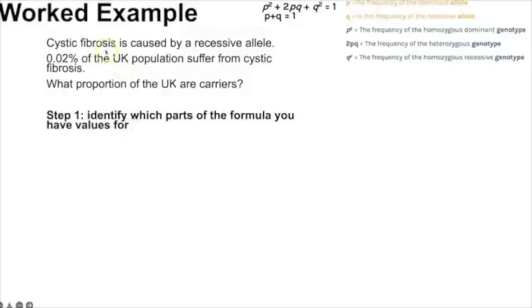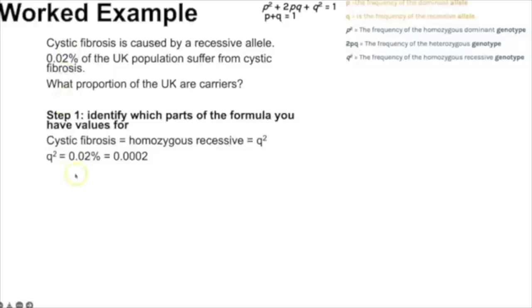If we've been told that that percentage of the population are sufferers, that means that is our genotype q squared, because they must have 2 copies of the recessive allele to be sufferers. So we've been told that q squared is 0.02%, but we can't leave it as a percentage because in our Hardy-Weinberg equation, we say that the total equals 1, not 100.